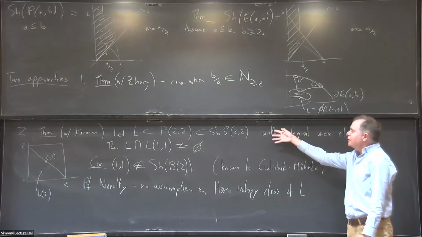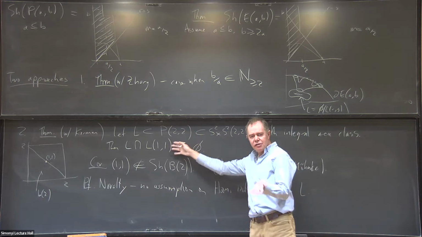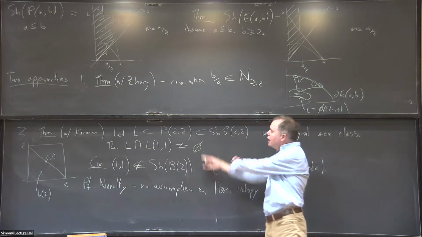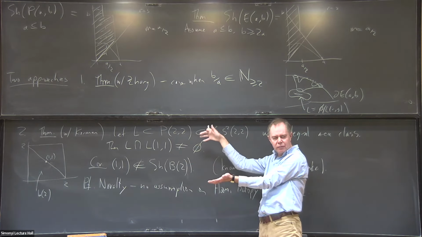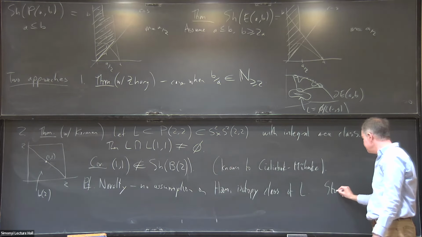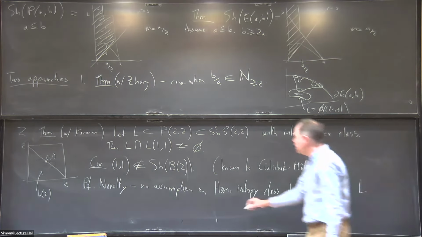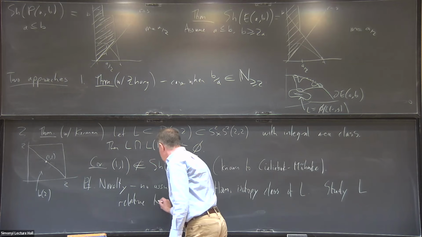So in other words, we couldn't extract this from Floer homology. Somehow we're relying on dimension 4 and trying to work out how the Lagrangian sits relative to foliations by holomorphic curves. So I want to study L relative to this.